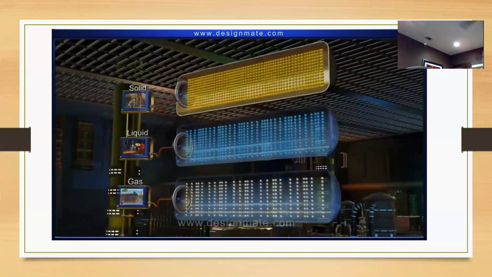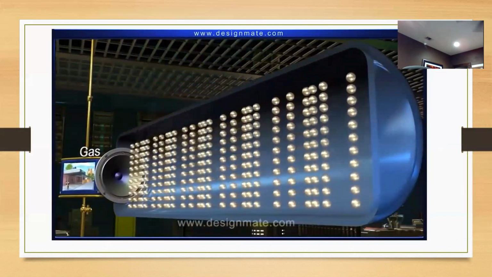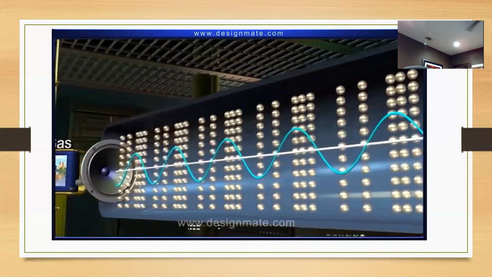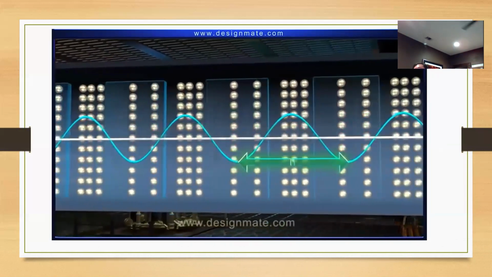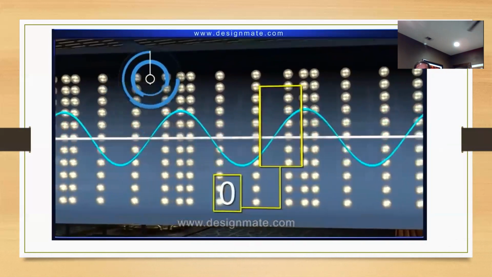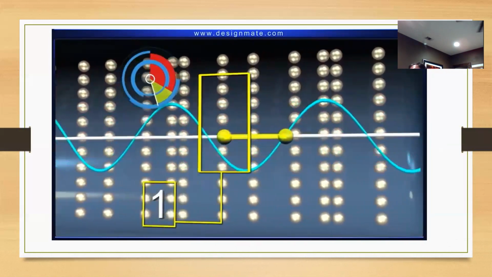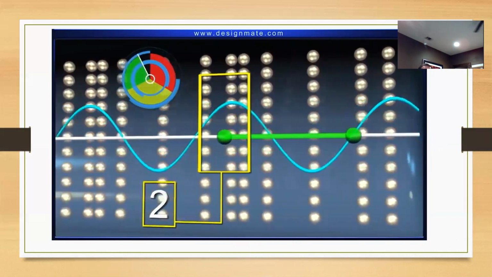Now we know how sound travels in different media. The vibration of particles produces waves. Wavelength is the distance between two consecutive compressions or rarefactions. The number of waves passing through a point in a second is called frequency, and it is measured in hertz.